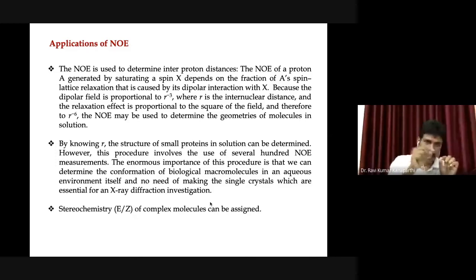What is the distance between them, and how are they connected to a third proton? This information can be deduced by carrying out a series of NMR experiments. That is the main job of these 2D NMR spectroscopy people, and then they finally map all the distances, and they will give the molecular structure of the protein, or in general a complex molecule.